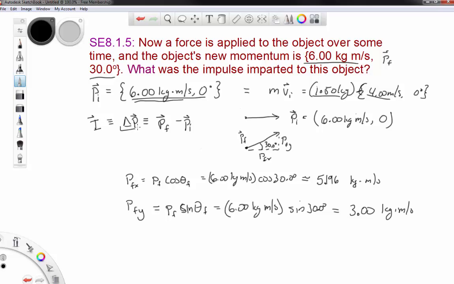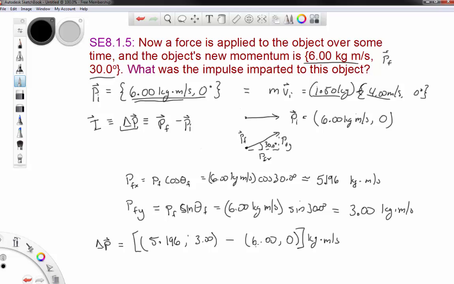All right, so delta P, therefore, is going to be the final minus the initial. So that basically looks like (5.196, 3.00) minus (6.00, 0), and then I'm just going to carry the units to the outside here since they all have the same unit.